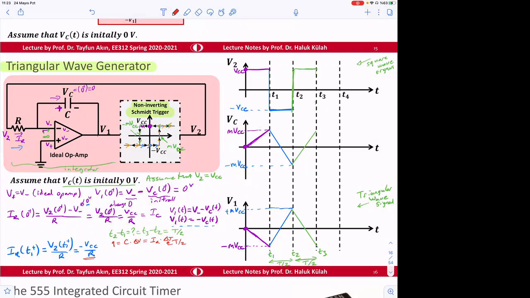And the capacitor is discharging, so the voltage change is going to be minus.